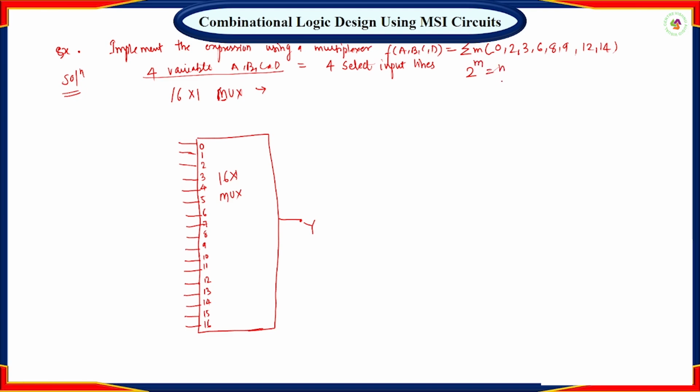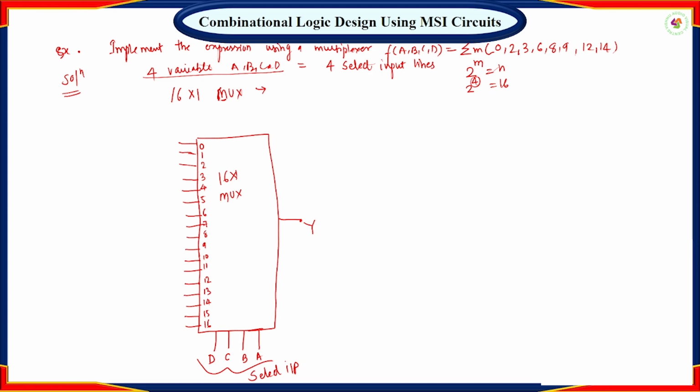So n is equal to 16. That's why you need 2 power 4. So 2 power 4 equals 16. That's why the number of select input lines is 4, and they are mentioned as A, B, C and D, right? These are the select inputs. This is your data input.